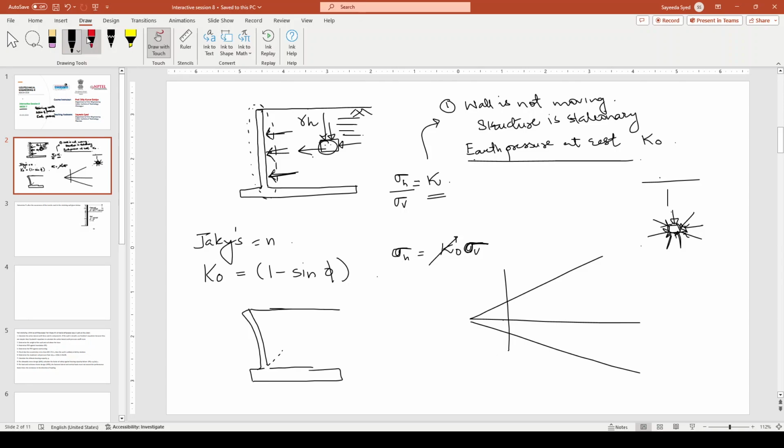In case A, which is at rest, we know that there is no failure surface and nothing is failing. So this will be well below our failure envelope. For example, your Mohr circle is somewhere here.